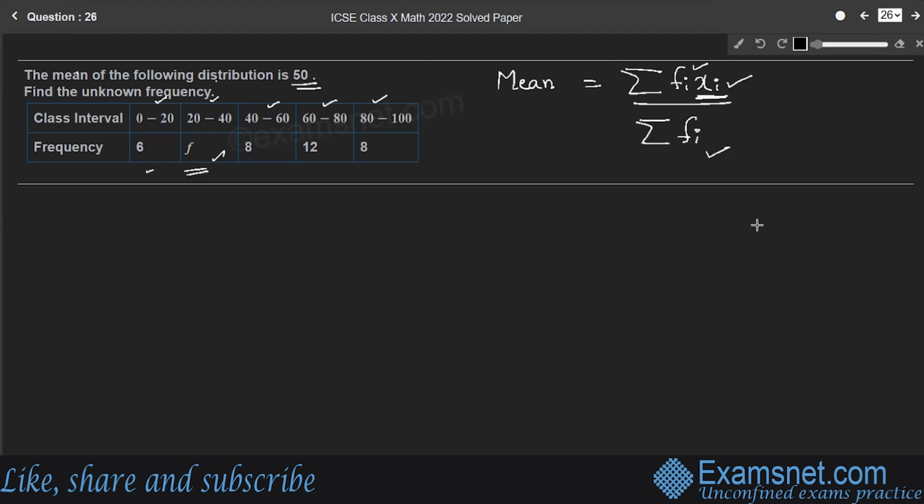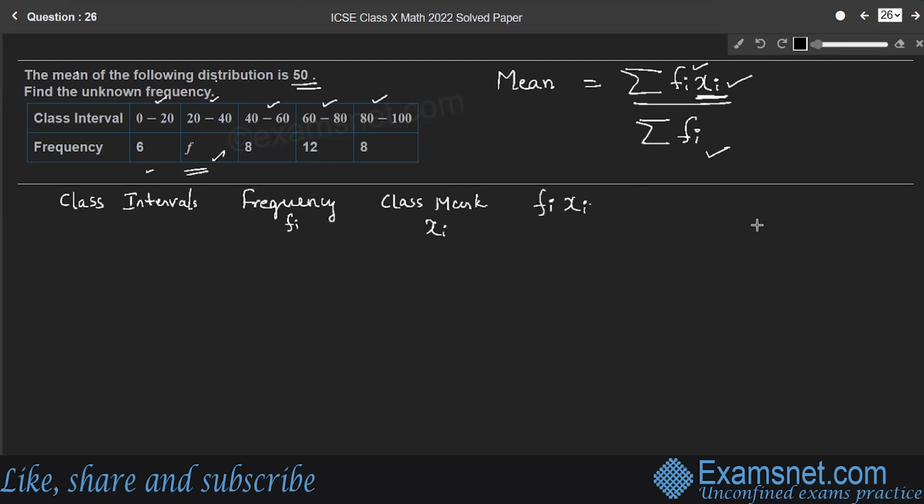So let's make a table. Here class interval or CI, and frequency fi, then class mark or midpoint of the class interval, which is xi, and we need the product of fi and xi.